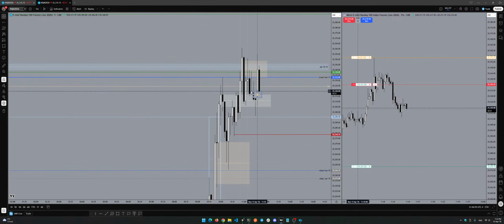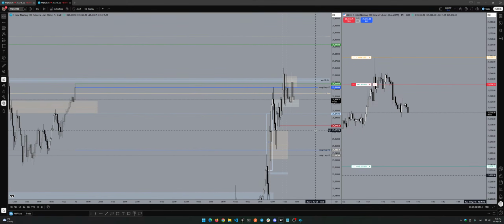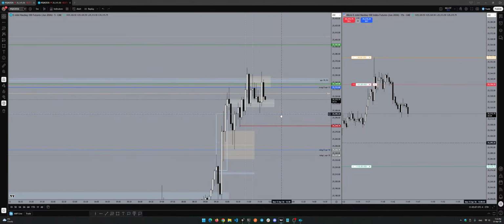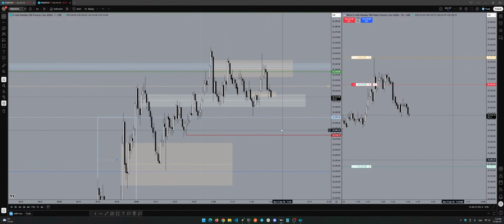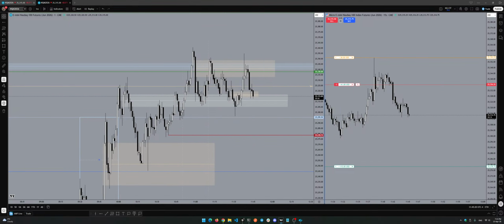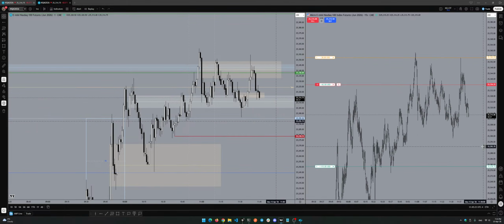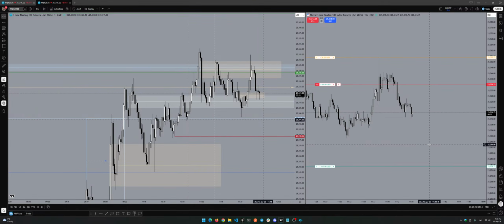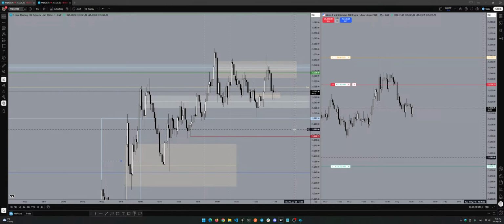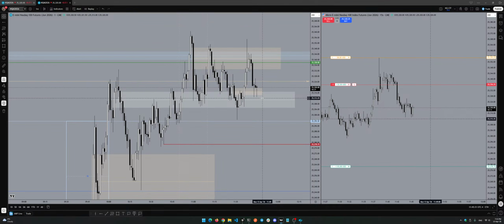Immediately returning back after this move. One more touch to the upper part of the silver fair value gap.